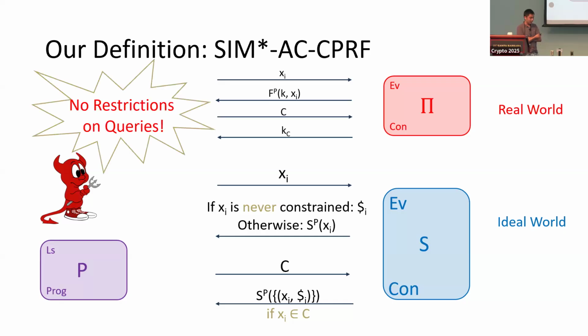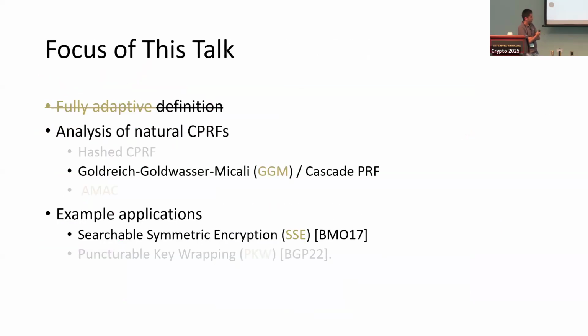It's worth noting that our definition places no restrictions on the attackers. It can make any queries it wants. Okay, so now I have talked about our definition. Now I want to analyze GGM using it.